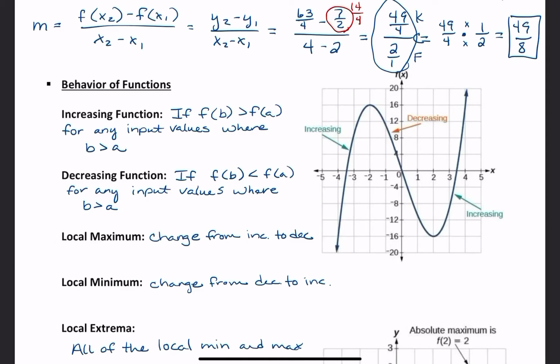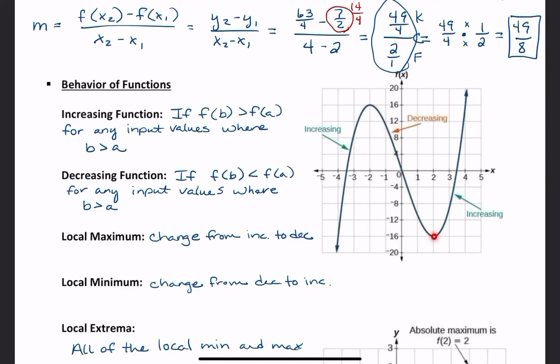If f of b is less than f of a when b is greater than a, you've got a decreasing function. So graphically, that's pretty easy to see here. Just like you're reading a book, if I start on the left side, if I was walking on this graph, I'd be walking uphill. So from here up until it starts to change direction, that is increasing. Once I start walking downhill, that's decreasing.